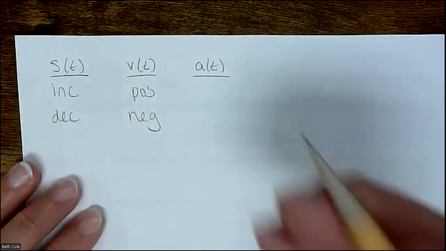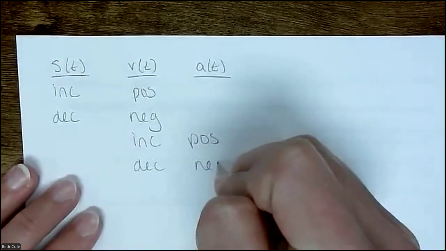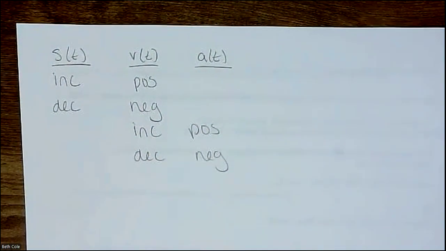Are you following me? So increasing positive, decreasing negative. And in theory, every time you take a derivative, you could go on infinitely. We just don't go past the second derivative. I don't know what you'd call the one after the rate of change. Anyway, we don't go any further.